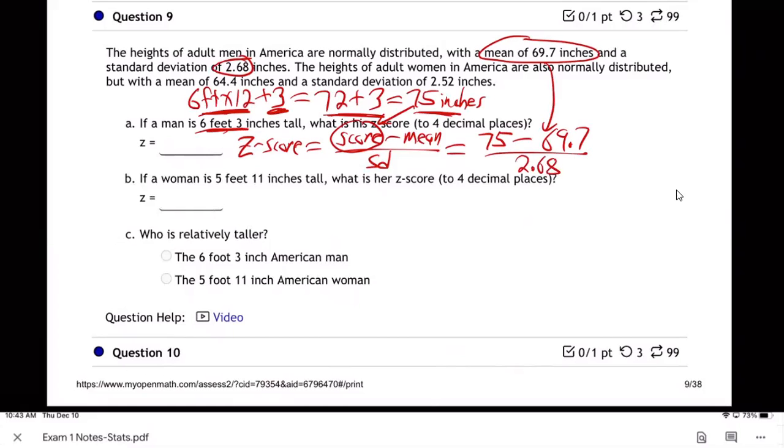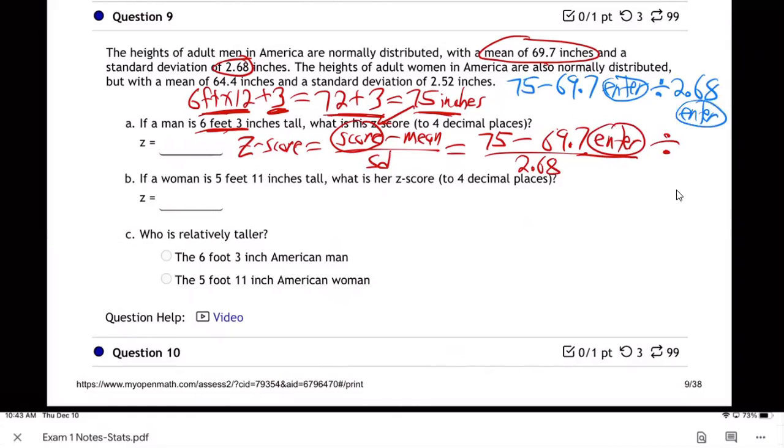Now, remember on your calculator, when you type this in, don't forget to hit enter when you finish the top before you hit divide. That's the main mistake people make. Are you tracking with me on that? It's really important. You have to type 75 minus 69.7, then hit enter, then divide by 2.68, and then hit your last enter.